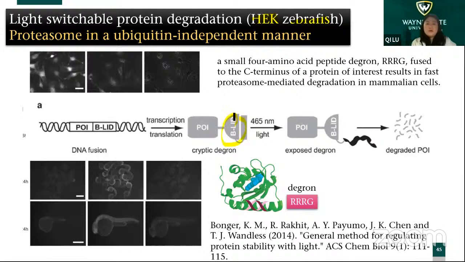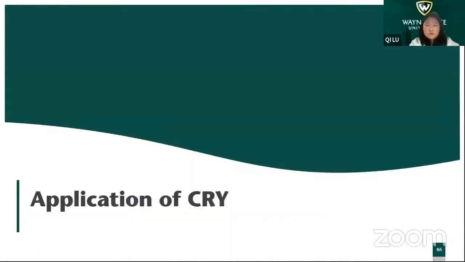And you'll see in the LOV domain, and also binding with a peptide, an RRG-like sequence substituted here, called a degron. In a ubiquitin-independent manner, this RG sequence will cause the degradation of the whole protein if the sequence is exposed. This has already been successful in HEK cells and in the zebrafish embryo.